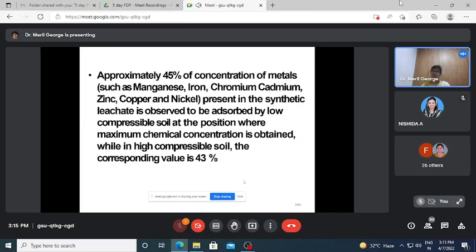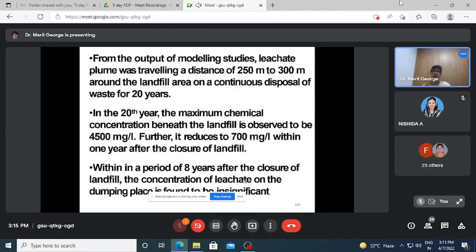Approximately 45% of concentration of chemicals present in the synthetic leachate was observed to be absorbed by the low compressible soil, and about 43% was absorbed by the high compressible soil. So this may be the range of chemical absorption of soil.